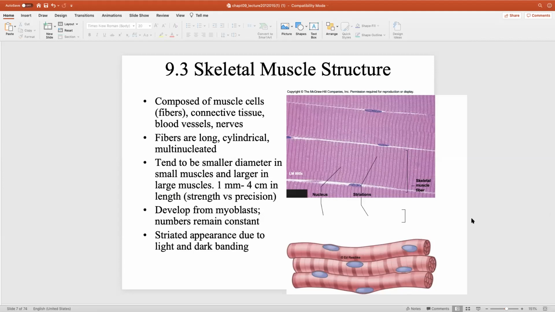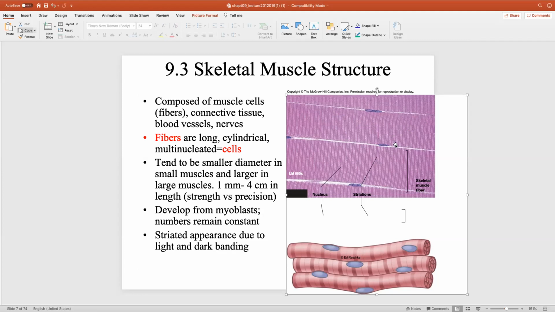Now, when we look at the skeletal muscle structure of a cell, number one, a skeletal muscle fiber is the same as a skeletal muscle cell. So those words can be used interchangeably. These skeletal muscle fibers or cells are long, cylindrical, multinucleated cells.